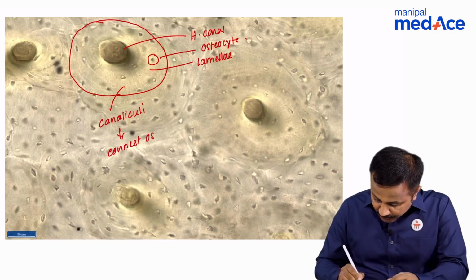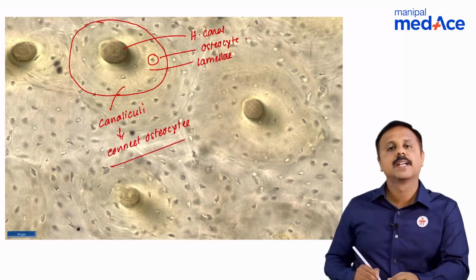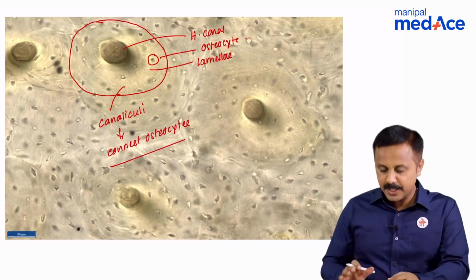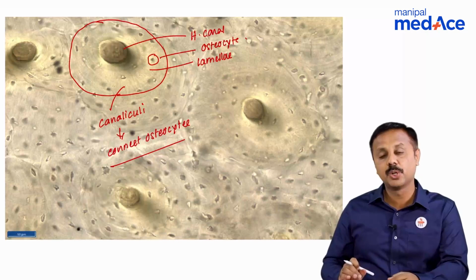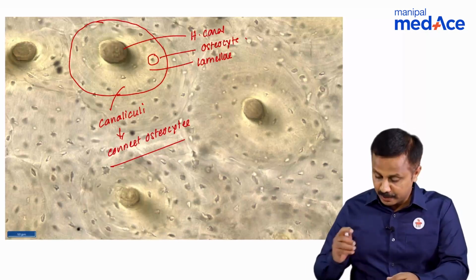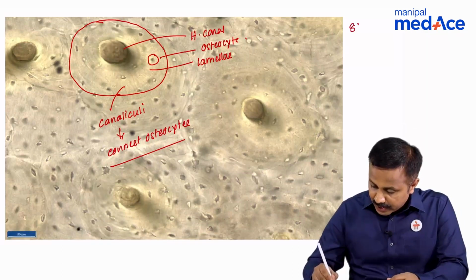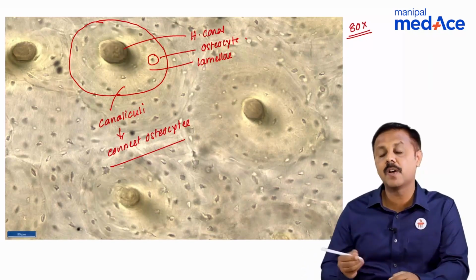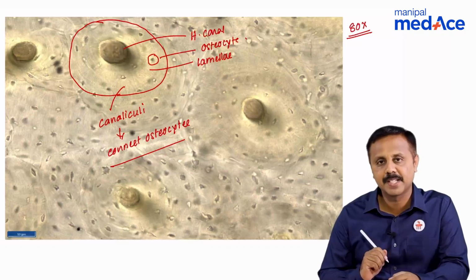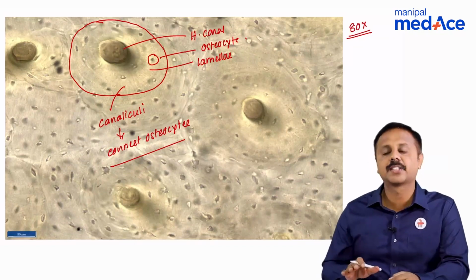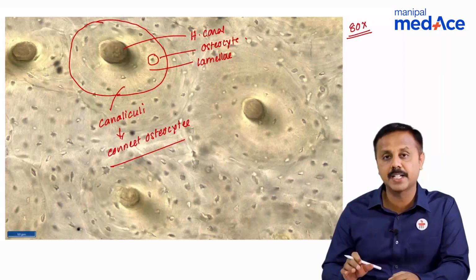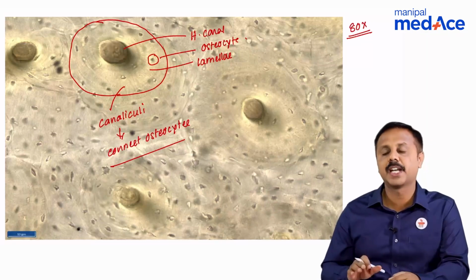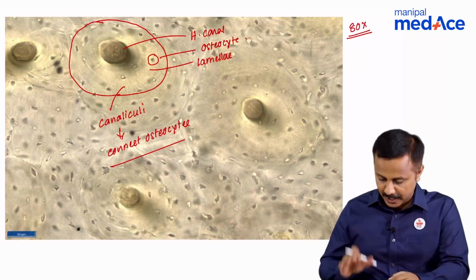They connect osteocytes, right? So this is how the bone tissue looks if you enlarge it further. Remember, this is an 80x magnification of the same ground section that we saw in the previous slide, right? So this is the structure of the compact bone when we enlarge it and when we want to appreciate the canaliculi and the detailed structure, right?